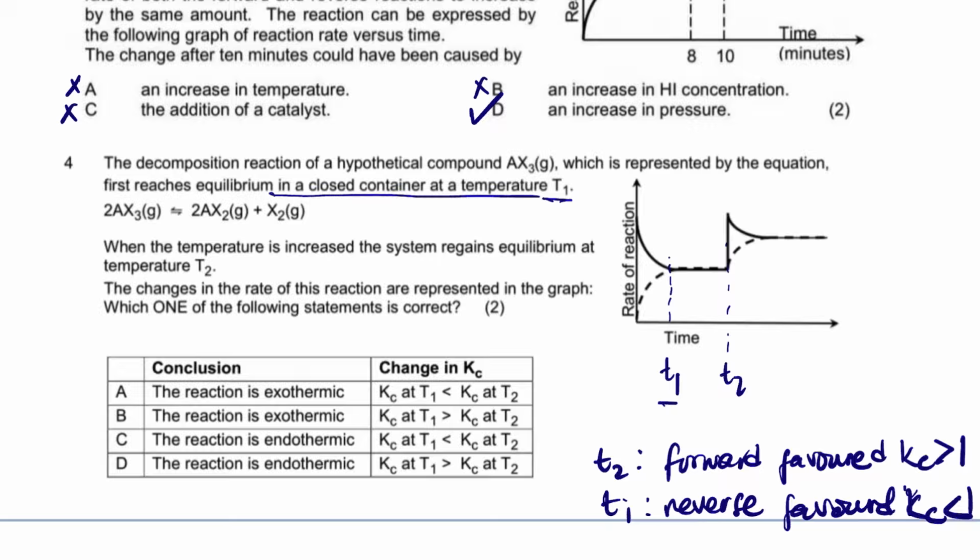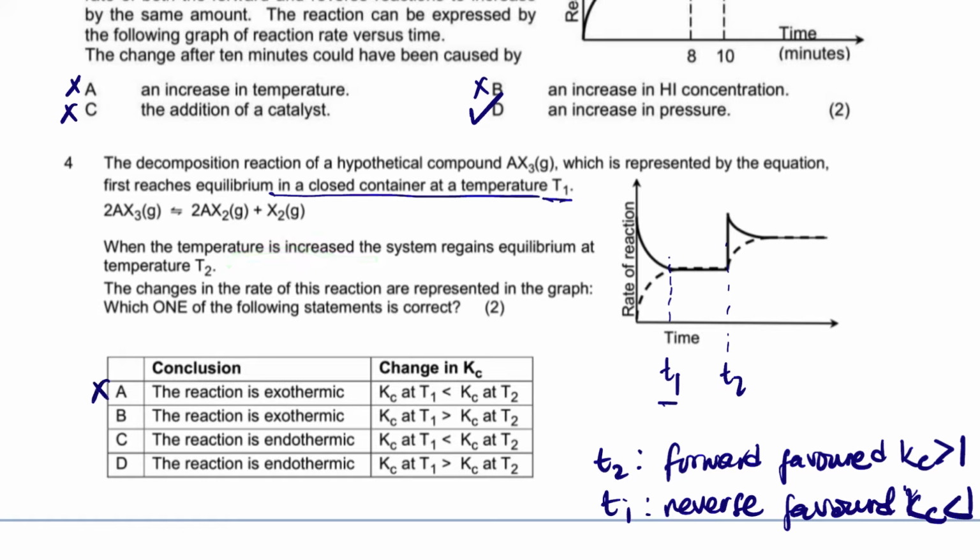So now it says here, which one of the following statements is correct? And another thing, guys, here they said the temperature has been increased. So the increase in temperature favors endothermic reaction. So here they say endothermic reaction.